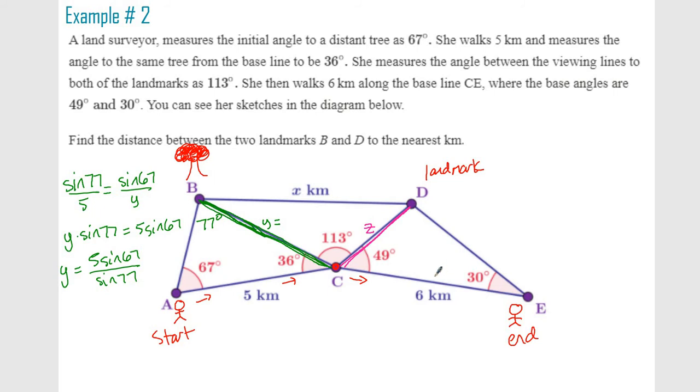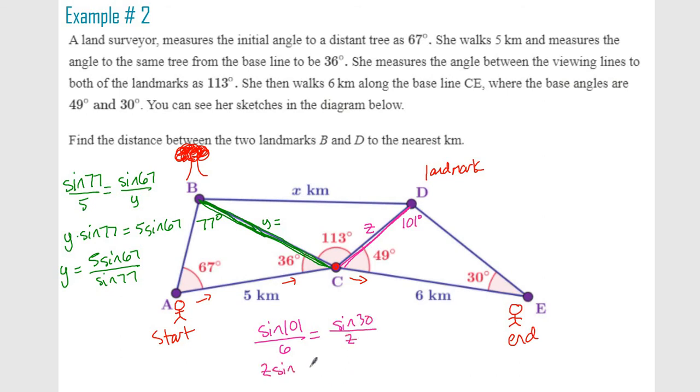Then to figure out what z is over here, we could do the same thing. We could use our law of sines. So angle D would be 101 degrees. So then here I would have sine of 101 over 6 equals sine of 30 over z.